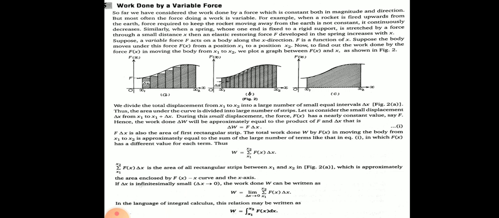The width of each rectangle is delta x, and the corresponding forces are F1, F2, F3, F4 and so on. So the area under the graph will be the sum of the areas of these rectangles, that is F1 delta x plus F2 delta x plus F3 delta x and so on. In general, sigma F delta x, and this area will be work done.